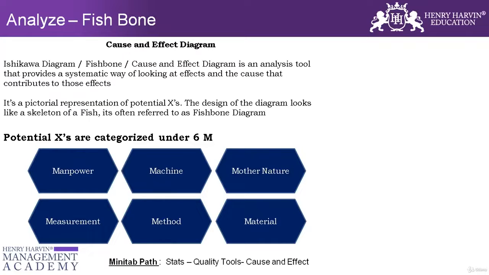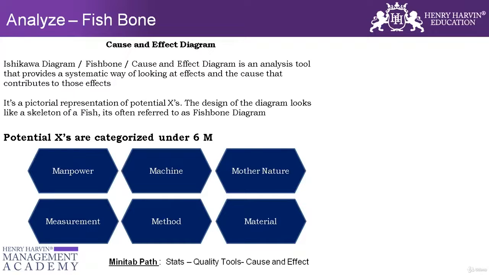Manpower means that if the cause is a skill issue, related to people, then it's manpower. Machine is a technical issue or a system issue. Mother nature is if it's an uncontrollable, environmental or seasonal kind of thing.